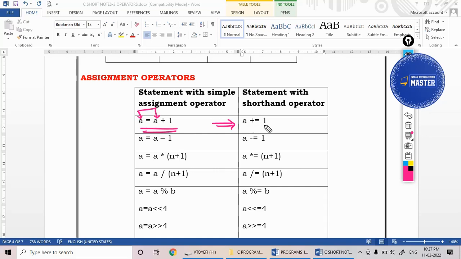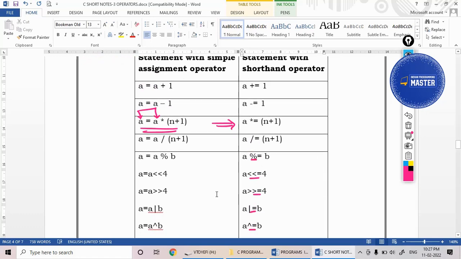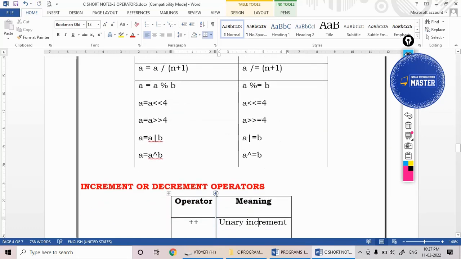That's why we call it a shorthand operator. The same way, plus equal to, minus equal to, asterisk equal to, forward slash equal to, percentage equal to, and left shift, right shift. You can apply this on arithmetic operators as well as bitwise operators.